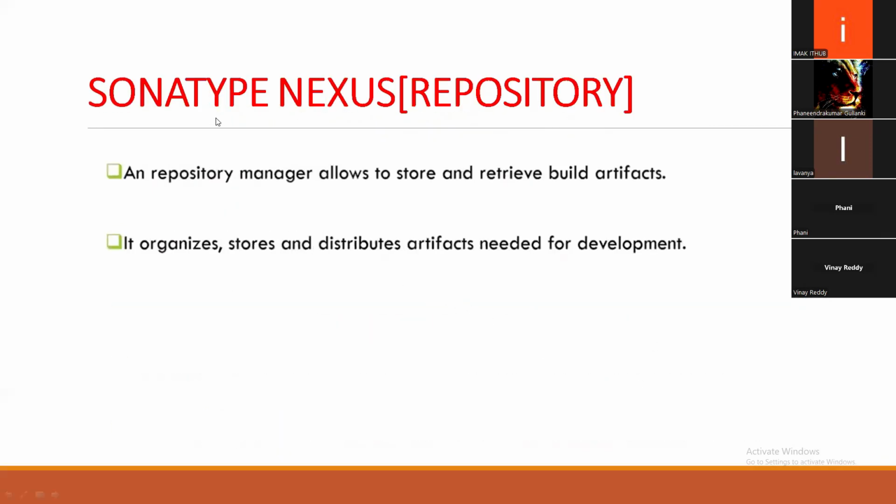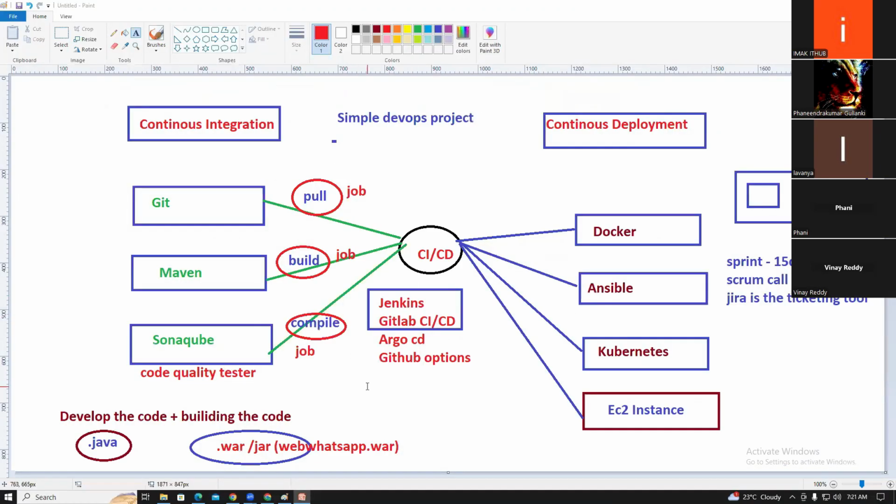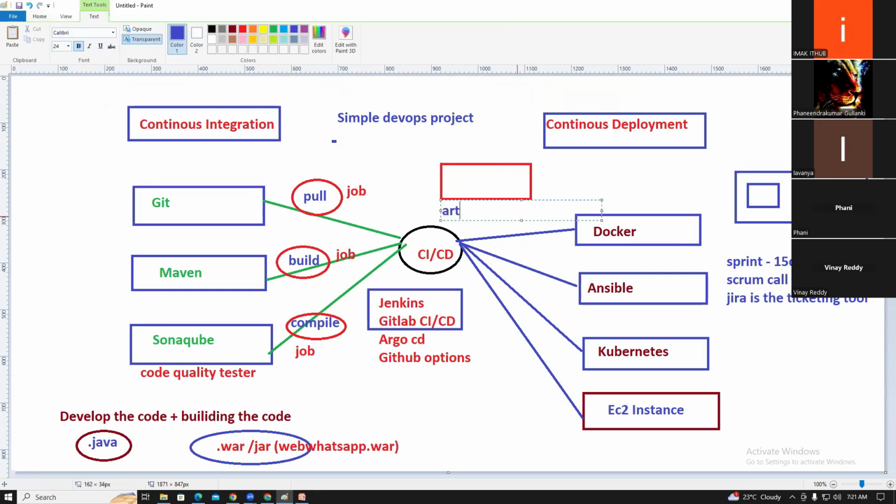So next, the Sonatype Nexus repository. Nexus is a repository, right? A repository manager allows you to store and retrieve build artifacts. So what are build artifacts? For example, this is the artifactory.